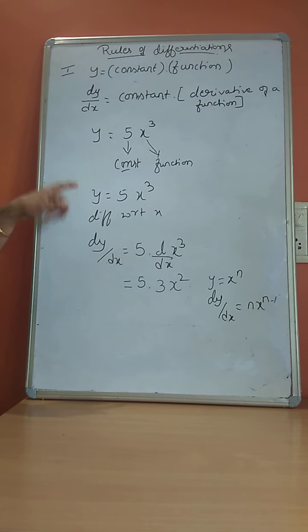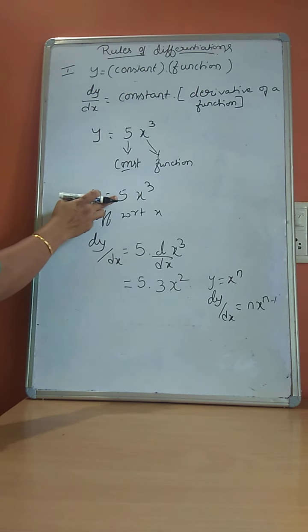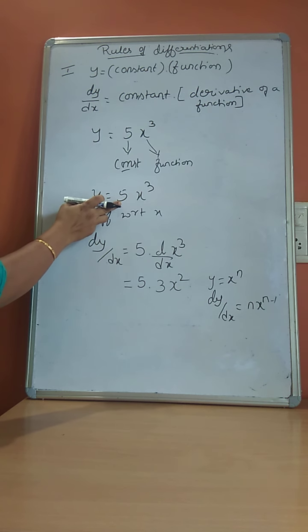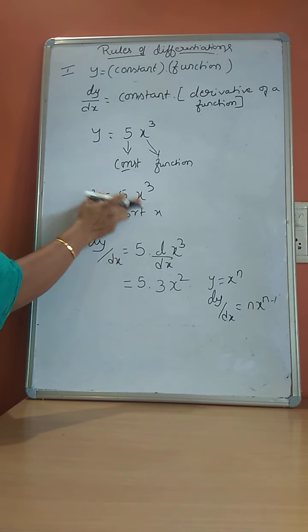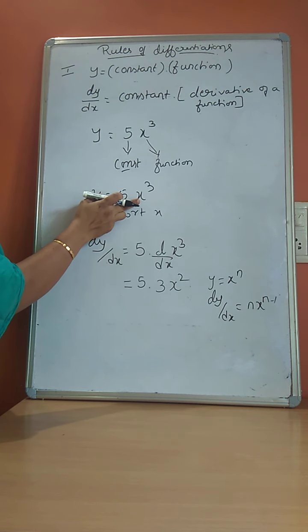Okay, so how to do the first rule? y is equal to 5x cube. Here constant is there. Don't put 0 here, because it is constant into function; it includes a function.